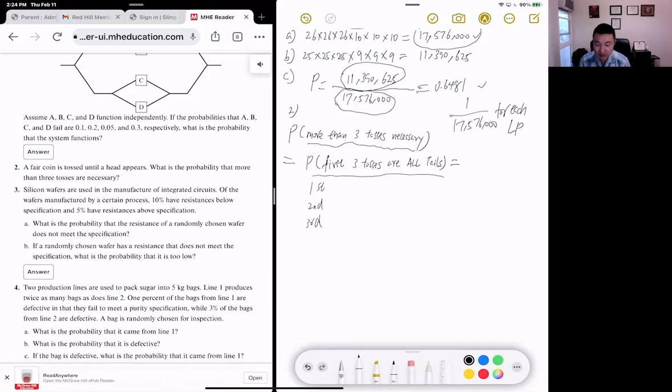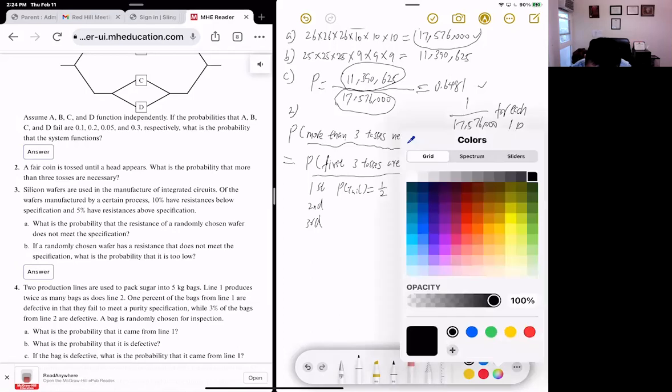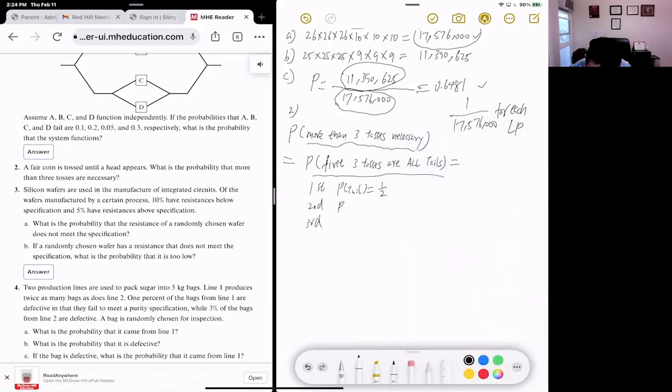The first step is the chance we get a tail, P(tail), which is 50%. The second toss also gets a tail, also 50%, and so does the third.